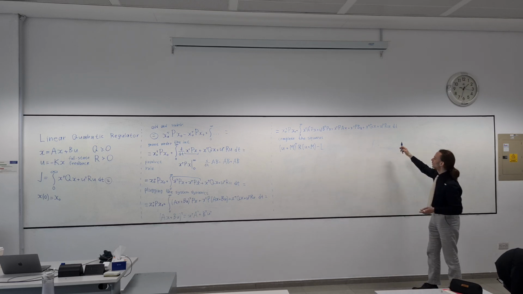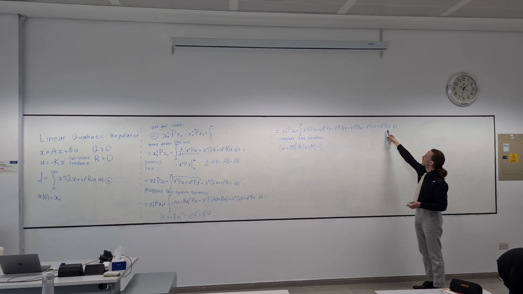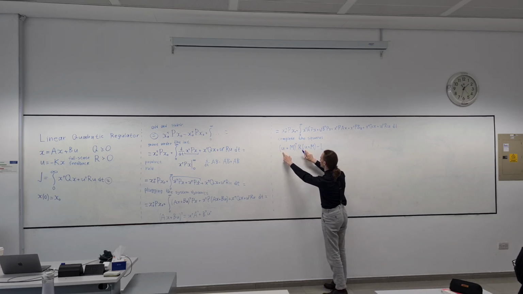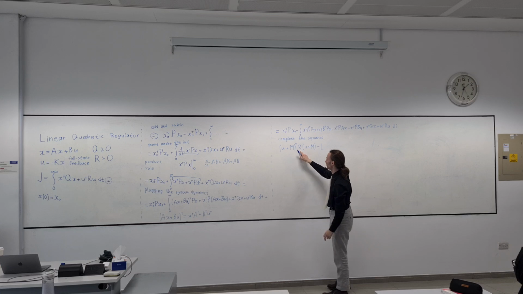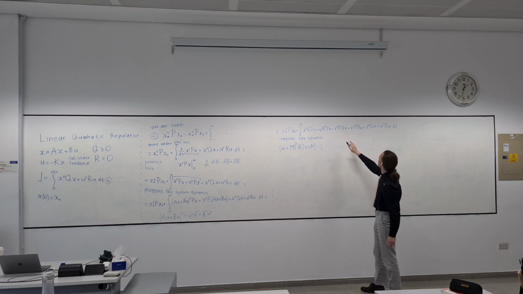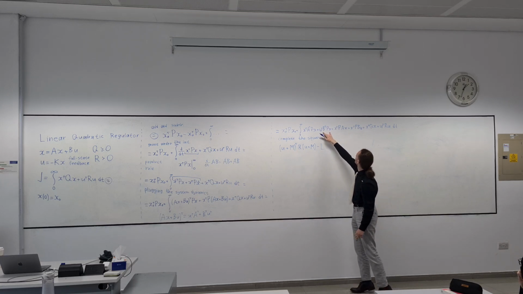So we have a full square over here: U transpose RU. This will correspond to these two vectors multiplied with the help of the R matrix. And there will be something else in the square, and it will contain X in itself because we have these cross terms here.